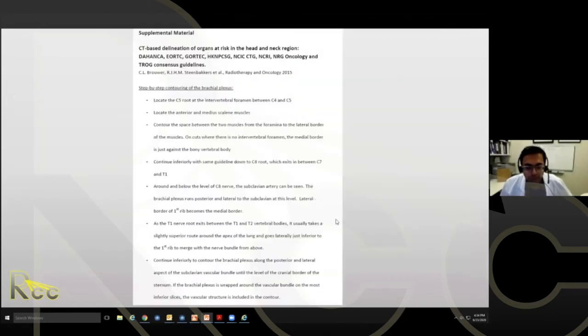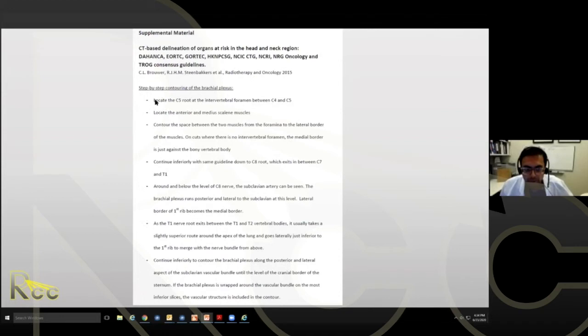Before I do that, I also wanted to share this supplement with you. This is a step-by-step contouring of the brachial plexus. The brachial plexus is one of those structures that many dosimetrists, residents, physicians, they all dread drawing. But I believe these steps break it down very nicely.